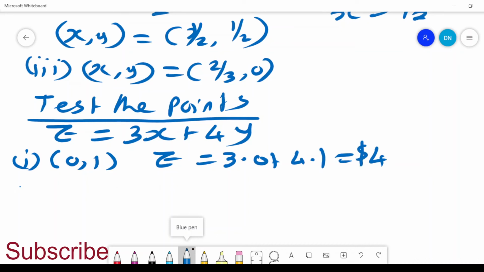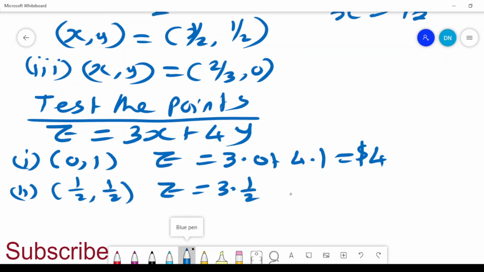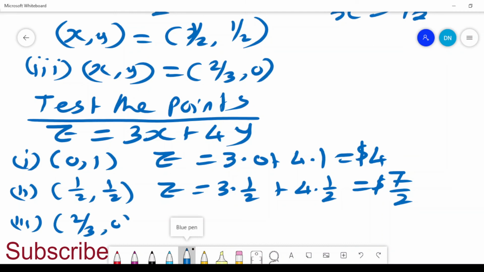For the second set of points, a half and a half, z will be 3 times a half plus 4 times a half, which is 7 over 2. And in the third case, 2 over 3 and 0, z will be equal to 3 times 2 over 3 plus 4 times 0, equal to $2.